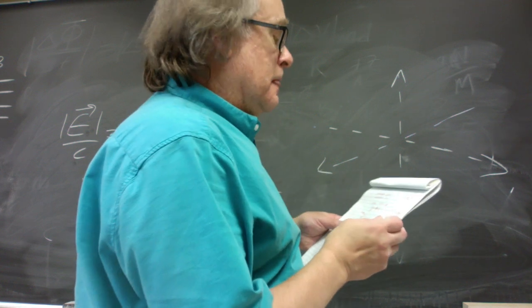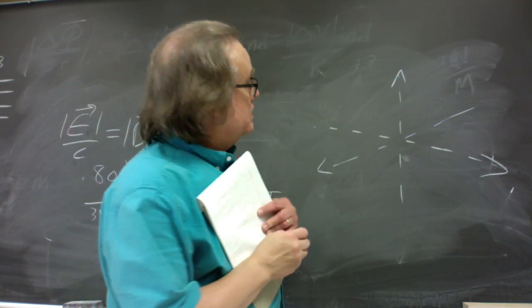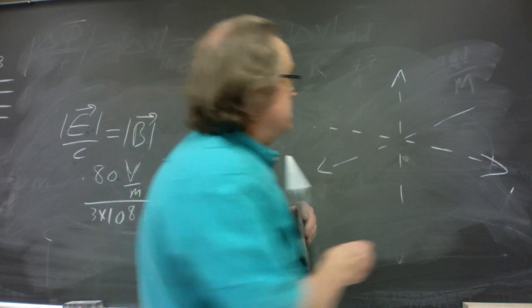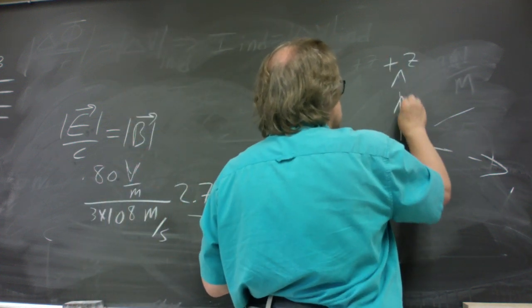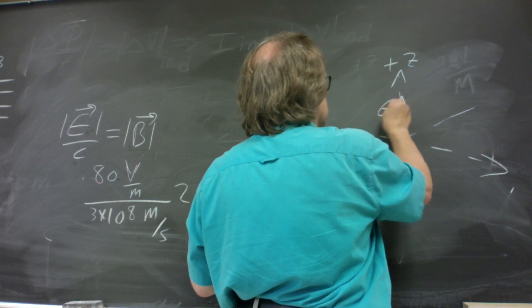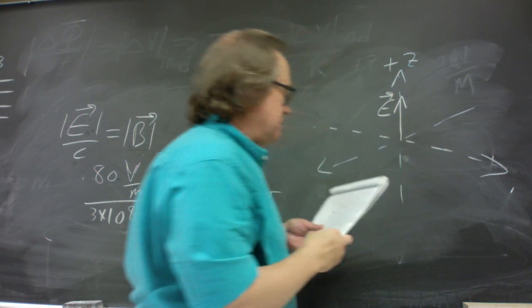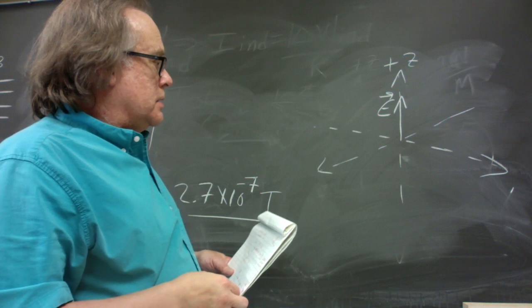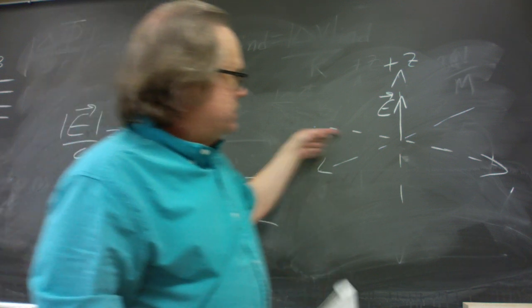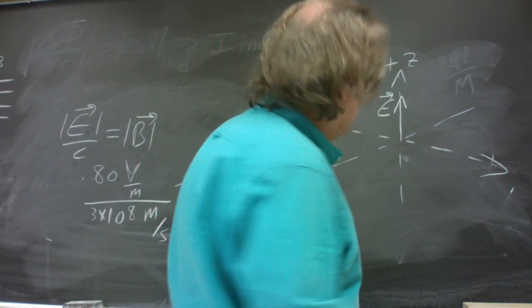And let's say, just like before, the electric field points in the positive z direction. And then let's say that the velocity points in the positive y direction.